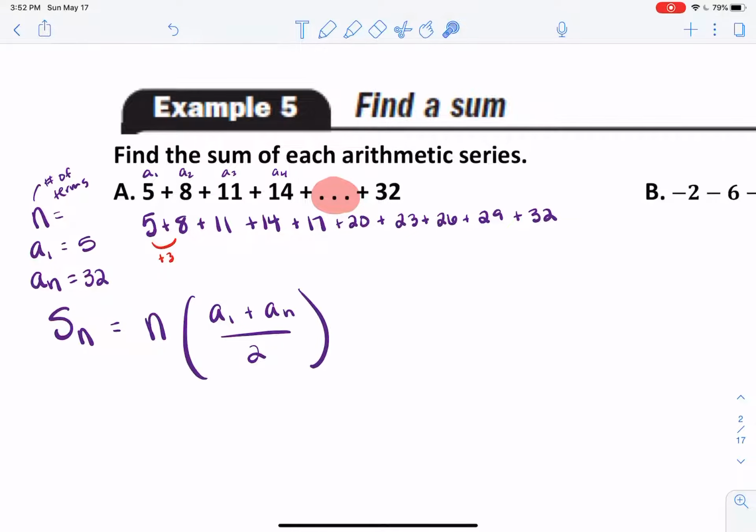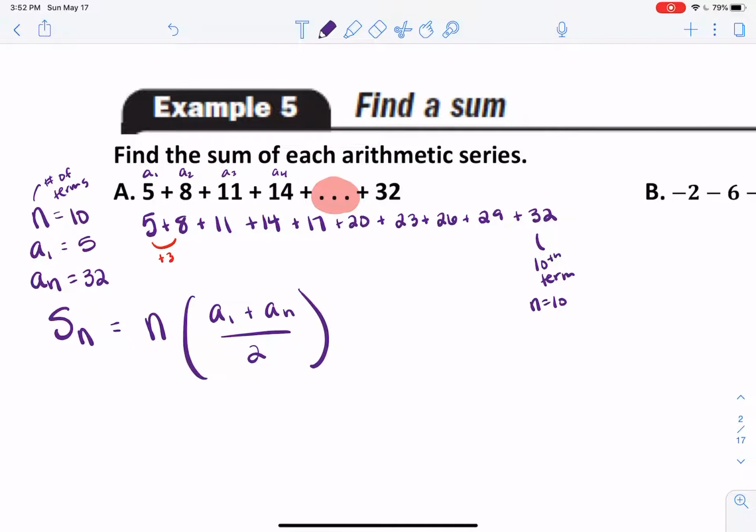So we've got our first, second, third, fourth, fifth, sixth, seventh, eighth, ninth, and 10th term. We've got 10 terms here, so n is equal to 10.